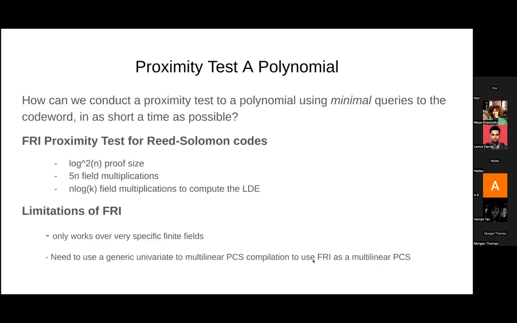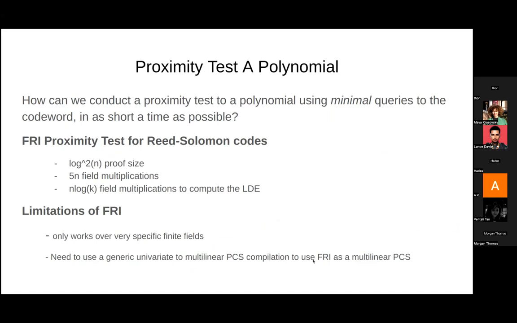And so proximity tests to polynomials are important for that reason, because they allow us to commit to a polynomial and then use different techniques to prove evaluation, but I'm not going to go into that as deeply. We have the very famous FRI proximity test for Reed-Solomon codes, which has a small proof size, which I'm going to explain in a bit.